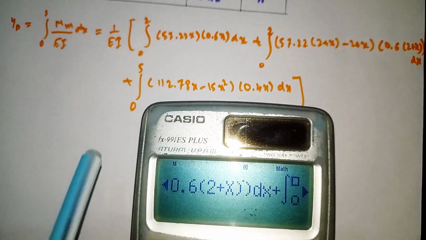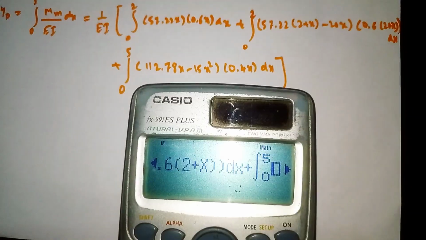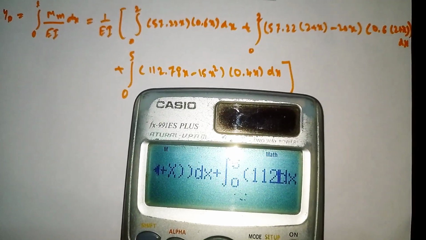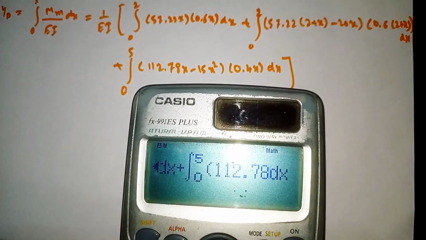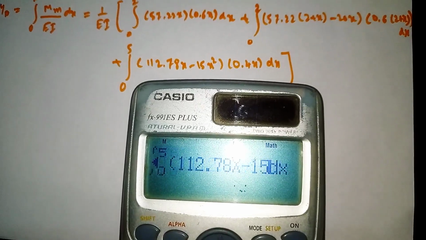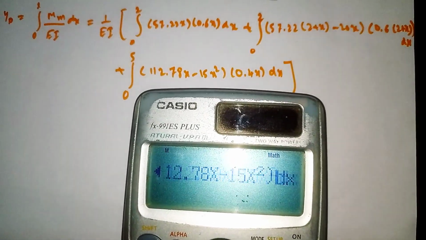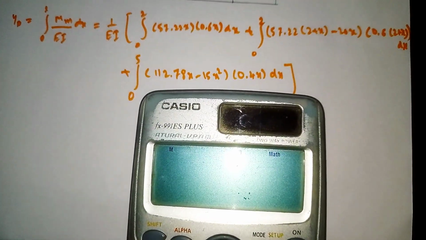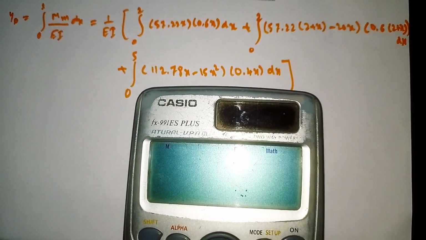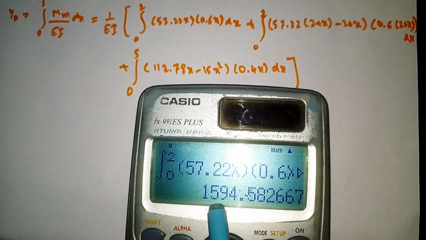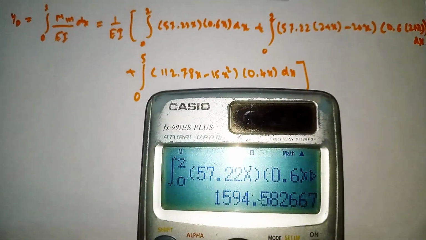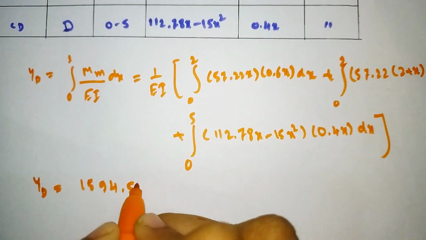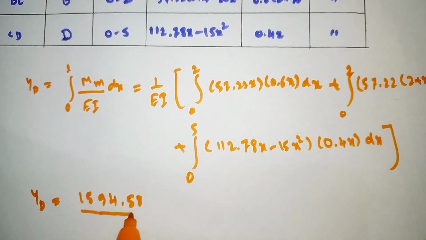Integration of 0 to 5 of 112.78 x minus 15x square, close the bracket, into 0.4 into x. Now solve it; our YD value will come out as 1594.58, so write it here: 1594.58 divided by EI.